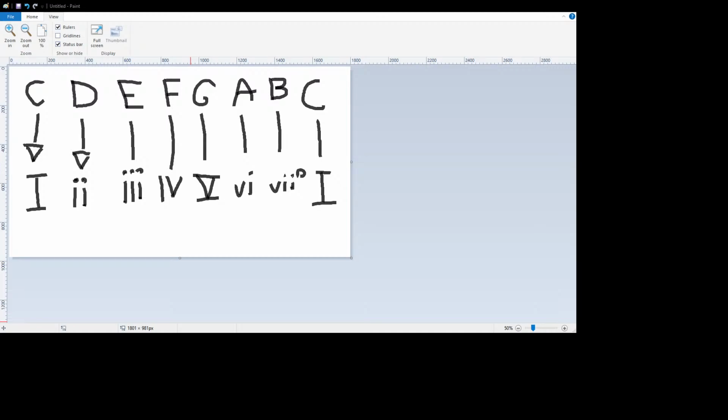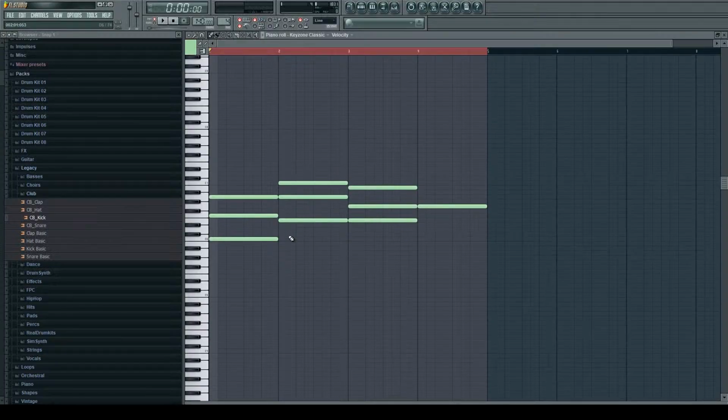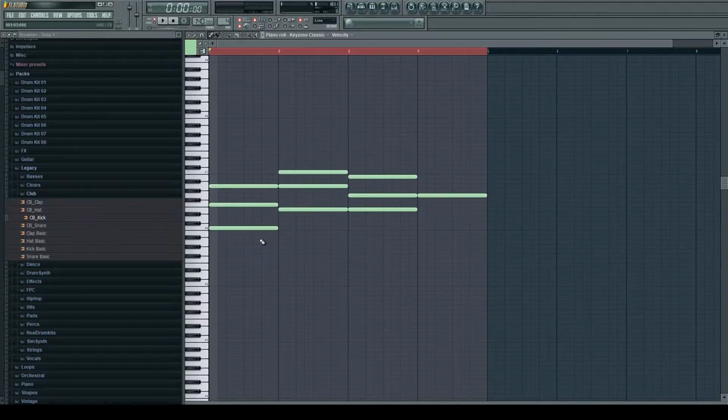And then here I'm gonna use an E minor. So F, A minor, E minor. I'm not streaming the FL Studio again. We have an F major, A minor, E minor, and then a G major.